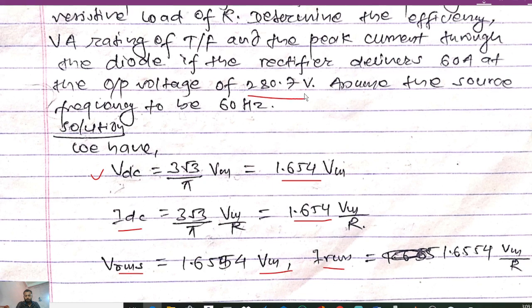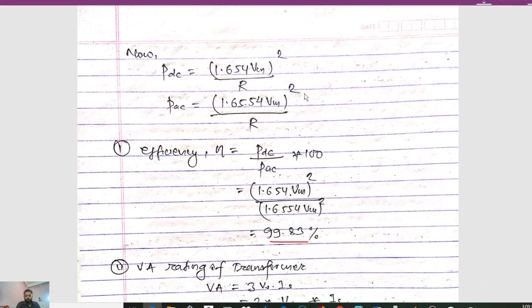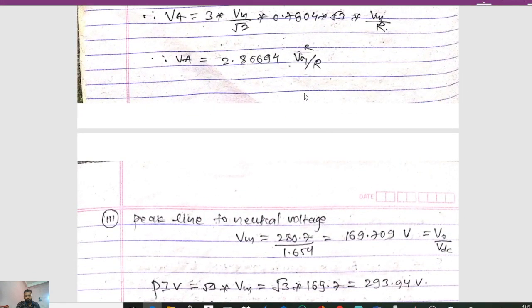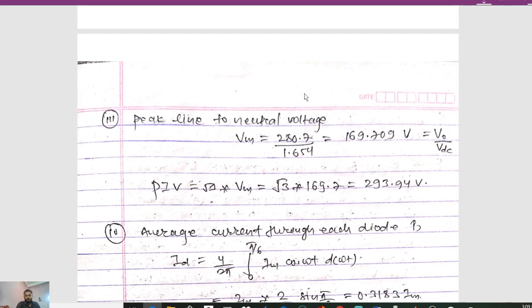So Vm will be 280.7 upon 1.654, and that will be 169.709 volt, which equals V naught upon VDC, to calculate the value of Vms.